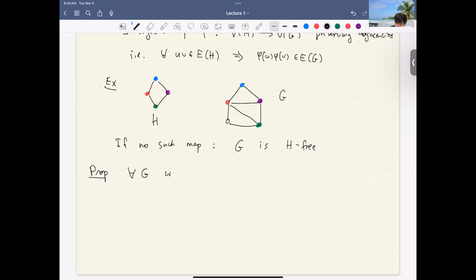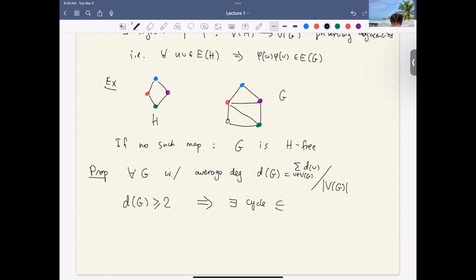Every graph G with average degree, which I will denote by d(G), the sum of the degrees of all vertices divided by the total number of vertices, if the average degree is at least 2, then the graph contains a cycle, which is a subgraph of G. I will leave this as an exercise if you haven't seen it before.